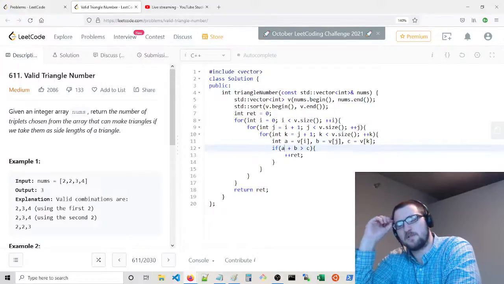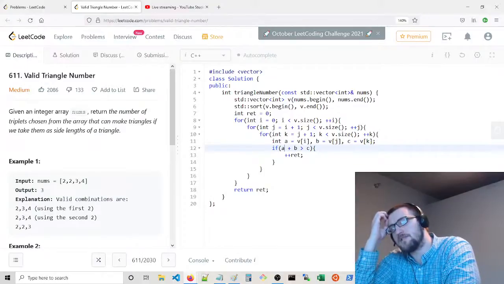Right, the lower bound is the first. So C is less than that, so the point right just before. I guess you could do it that way.